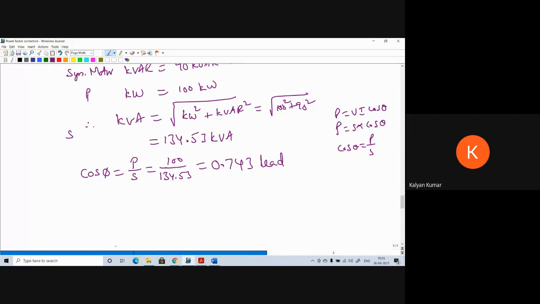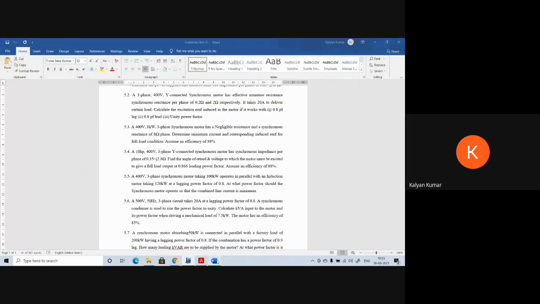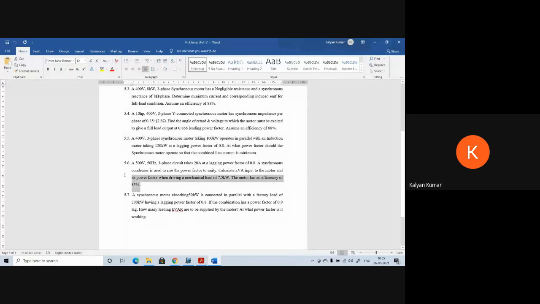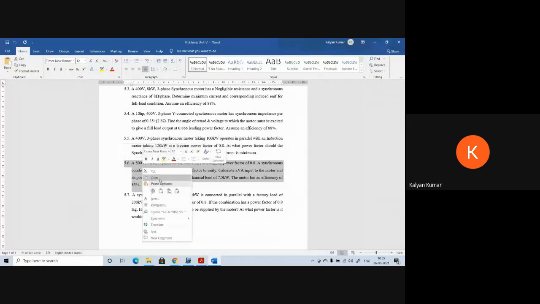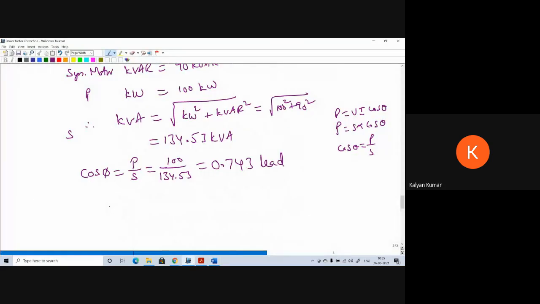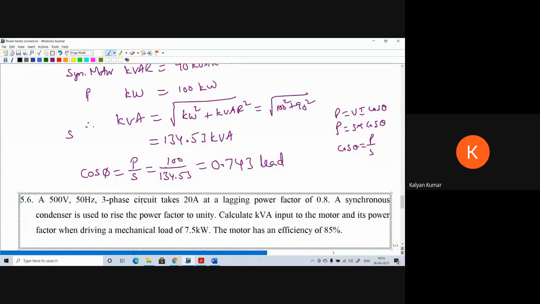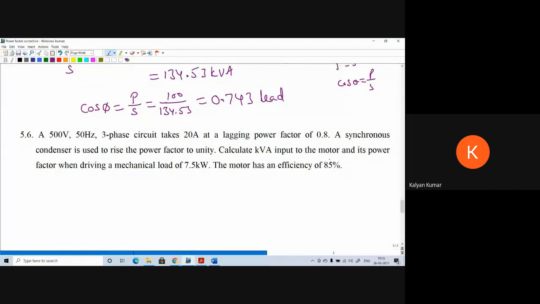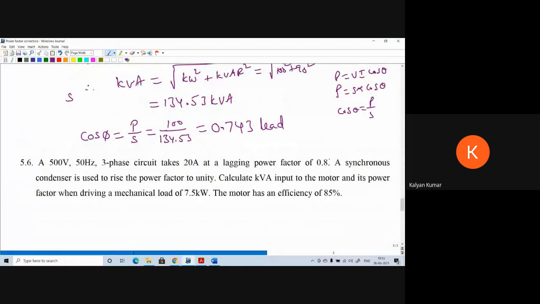Another problem. A 500 volts 50 hertz three-phase circuit takes 20 amps at a lagging power factor of 0.8.